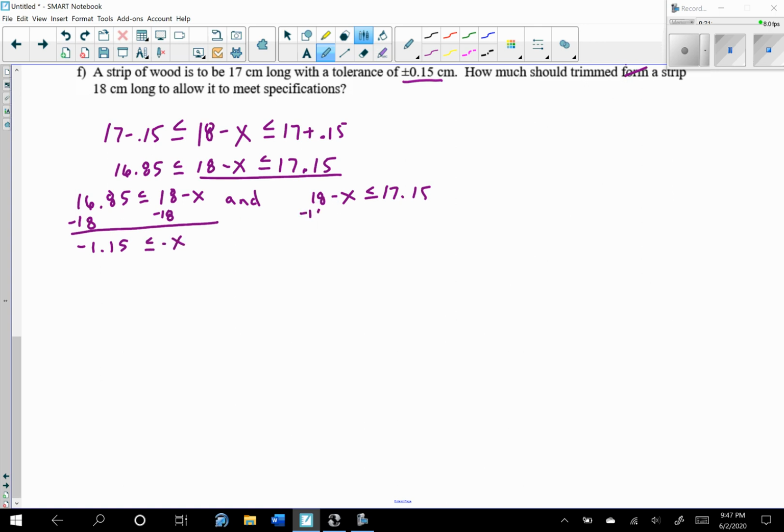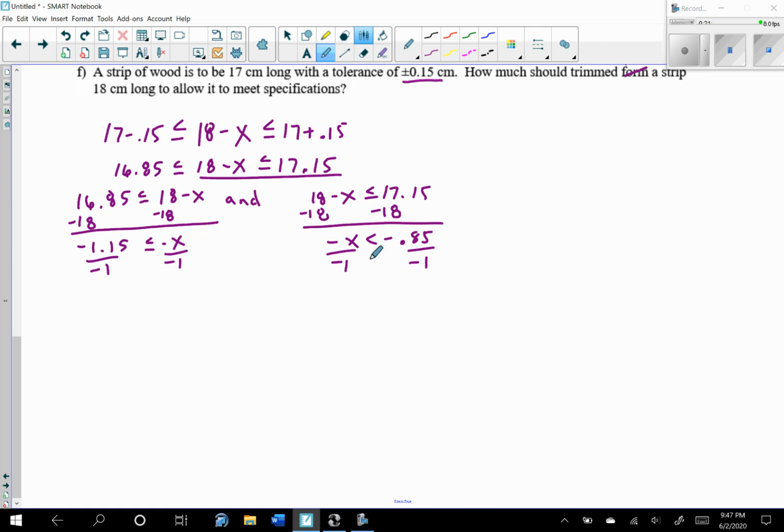And over here, subtract the 18. So negative x is less than or equal to negative 0.85. And then the next step is to divide both sides by negative 1. Notice that we're dividing each side of the inequality by negative values.